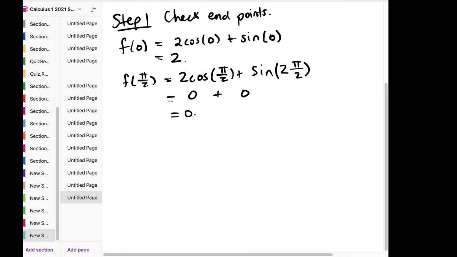Okay, what's step 2? Derivative, yes. So critical numbers. So that requires the derivative.